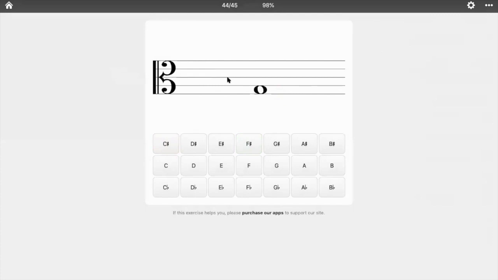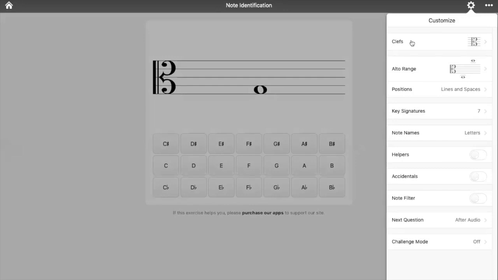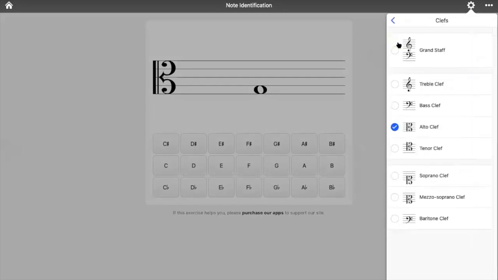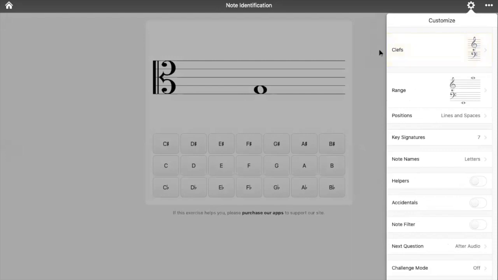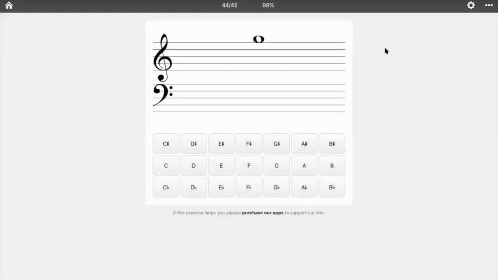Okay, so you have to kind of do the math if you haven't done that. So anyway, that is how you are going to customize your work. And lastly, then also you could pick the grand staff and practice bass and treble clef and go from there. But that is your week 1 theory assignment, is to do note name exercises.